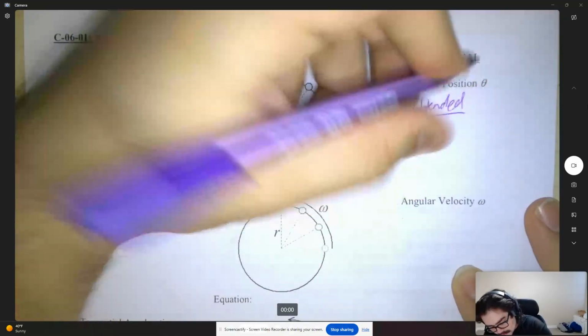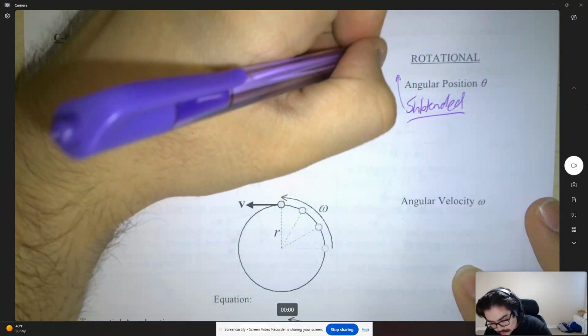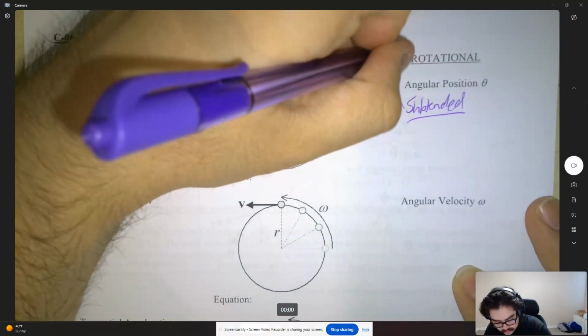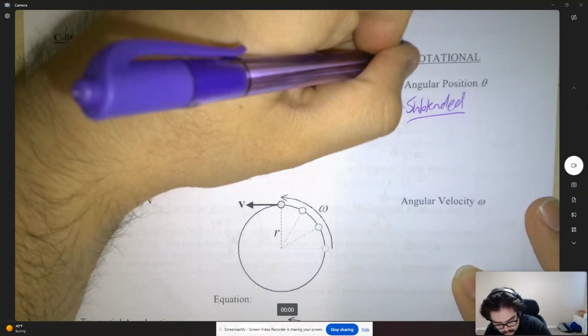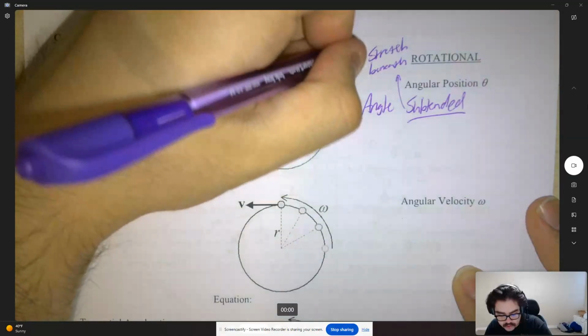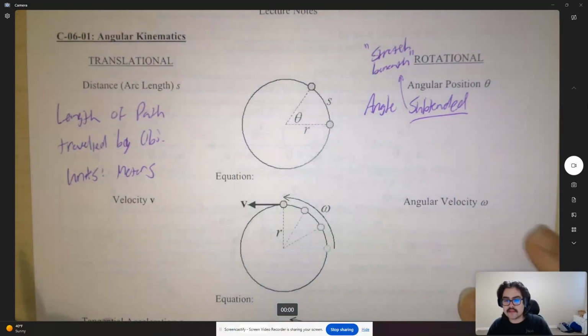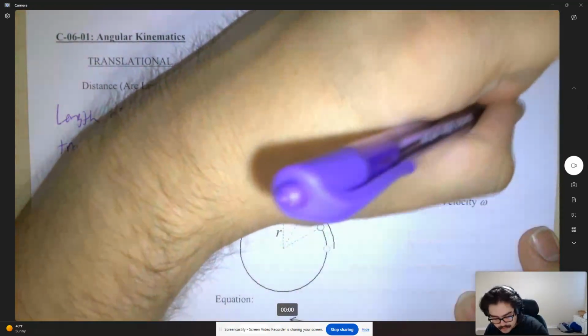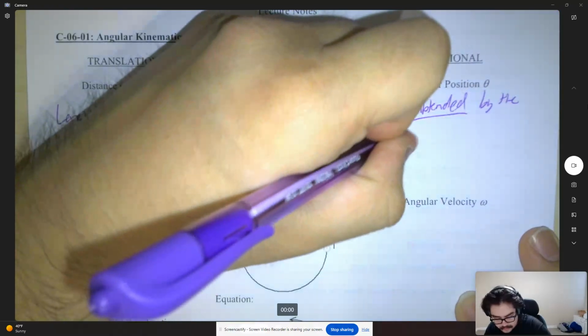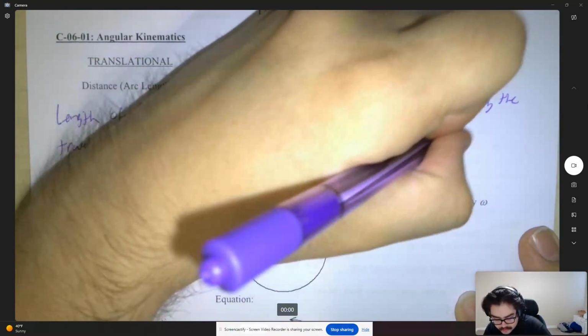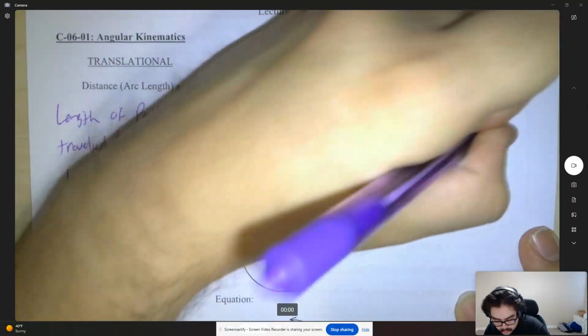And if you don't know what that means, the word subtended means to stretch beneath. It's Latin for stretch beneath. So that's the angle subtended by the arc an object travels along.